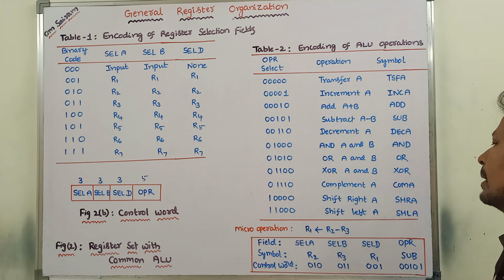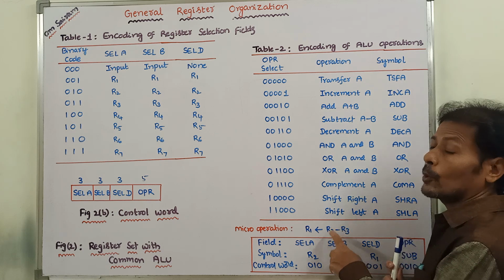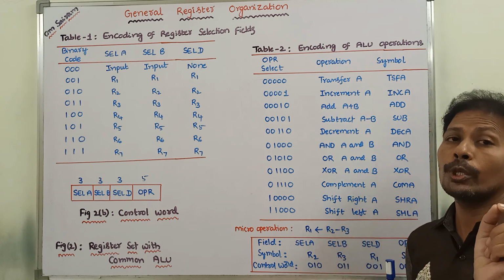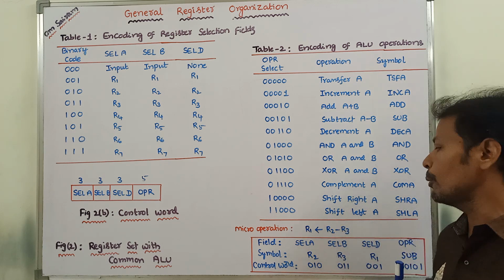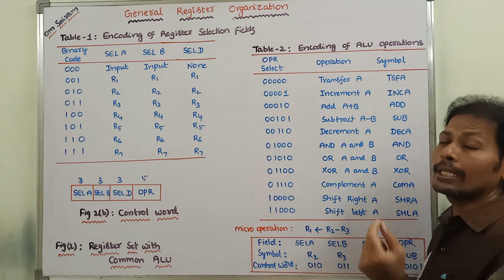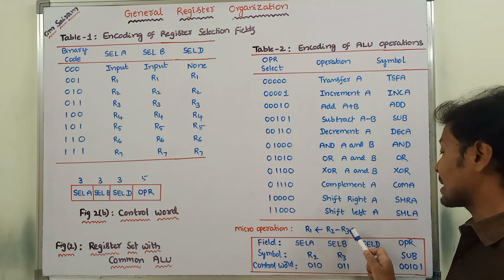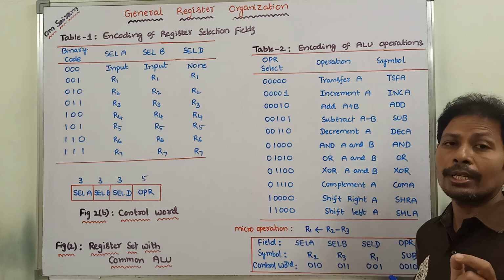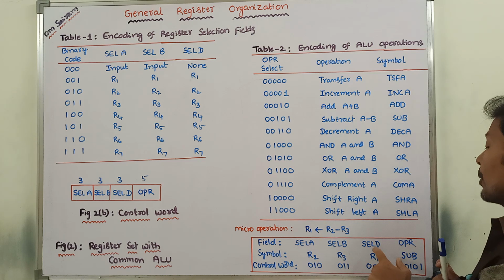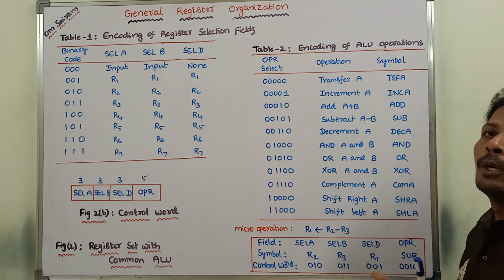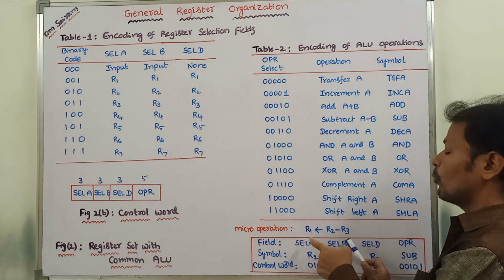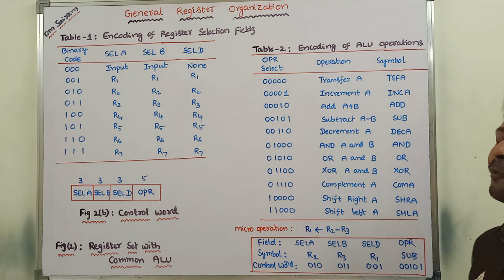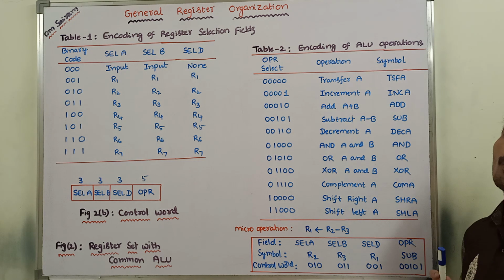To select the source register we have to use the SELA value. To select the other register we use the SELB value. To select the destination register we use the SELD value. What operation we have to perform can be decided by the OPR field.